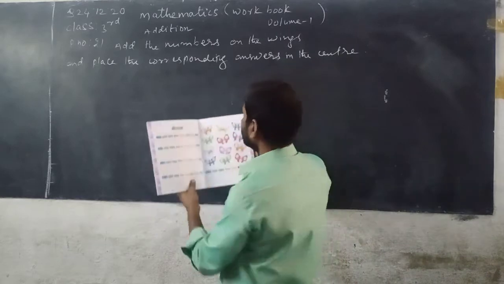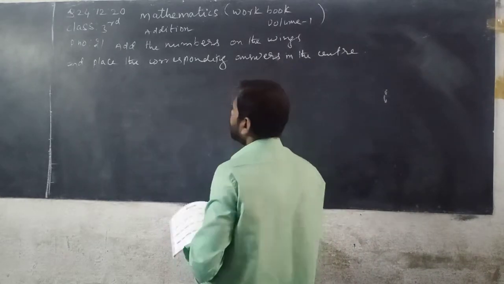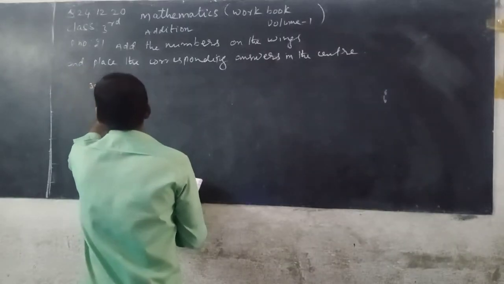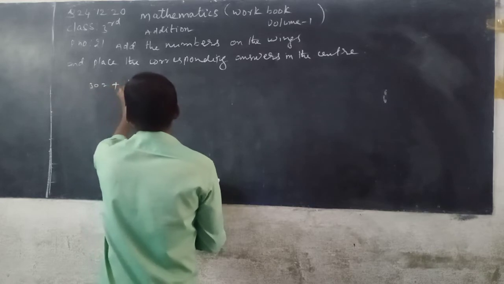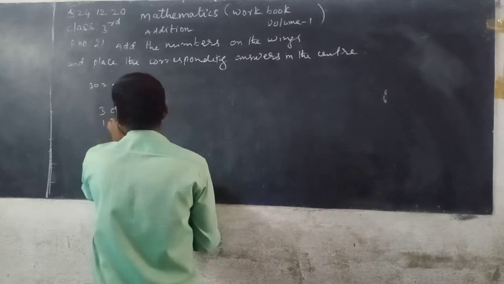See, this is the given butterfly. The wings of the butterfly give us 302 plus 135. Then add 302 and 135.